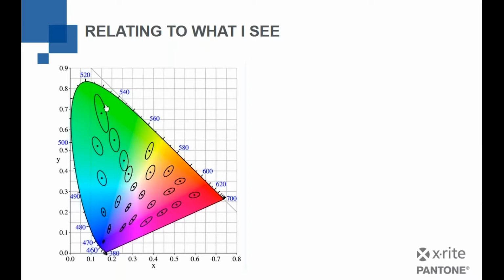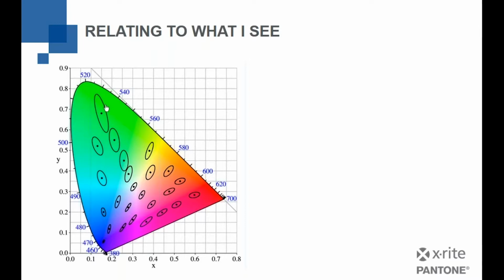If it looked the same, put it in one pile, and if it looked different, put it in another pile. This plot, which used an old color space called the Yxy color space back then, shows dots inside each of those ellipses where the color standard fell. The ellipse shows that everything that looked good to the eye was inside that ellipse, and everything that looked bad to the eye was outside.